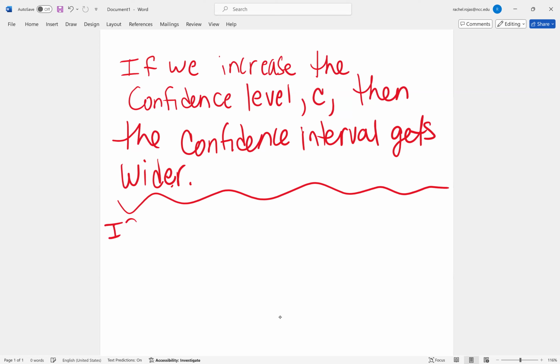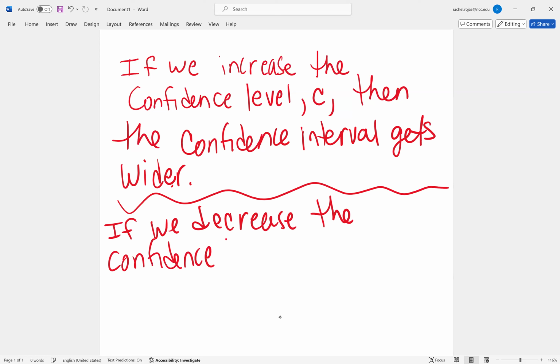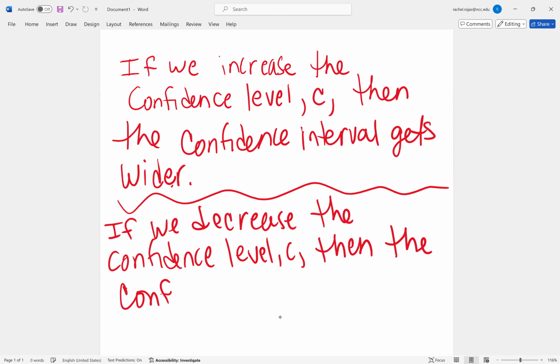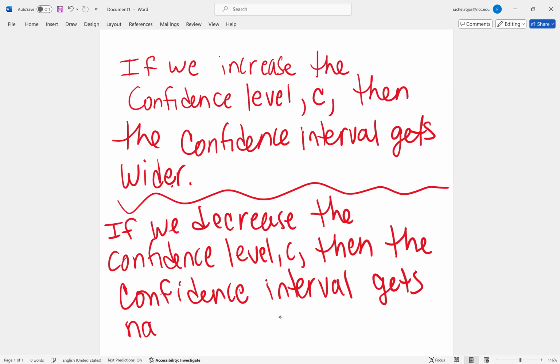And if we do the opposite, so if we decrease the confidence level C, then the confidence interval gets narrower.